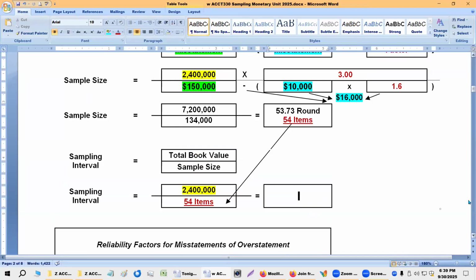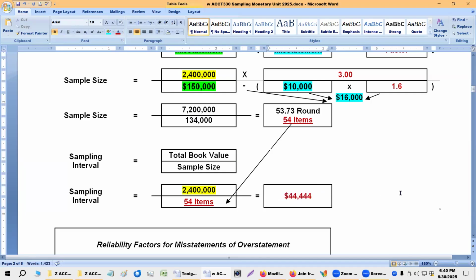And we'll come out with some number. And it's a wacky one. I'm going to round it up to the nearest dollar. It's $44,444. Sorry about that. I actually changed the numbers on this one from last time, and well, hey, that's what we got. So that's going to be our interval.